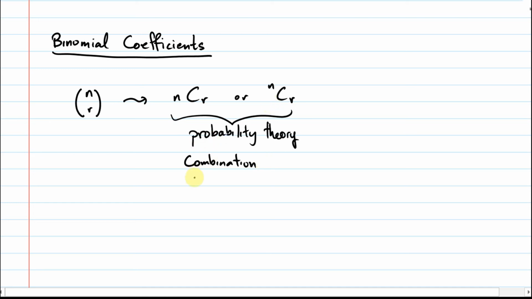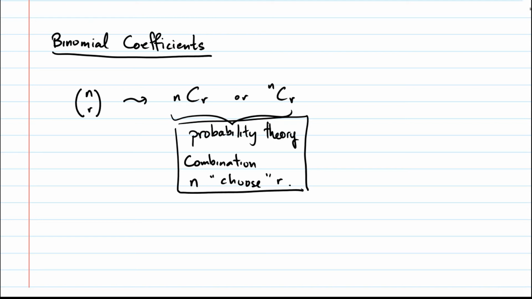And we will typically say n choose r, all right? But in these review videos, we're not going to be going into probability theory, but in our classes, we will be doing that, all right?